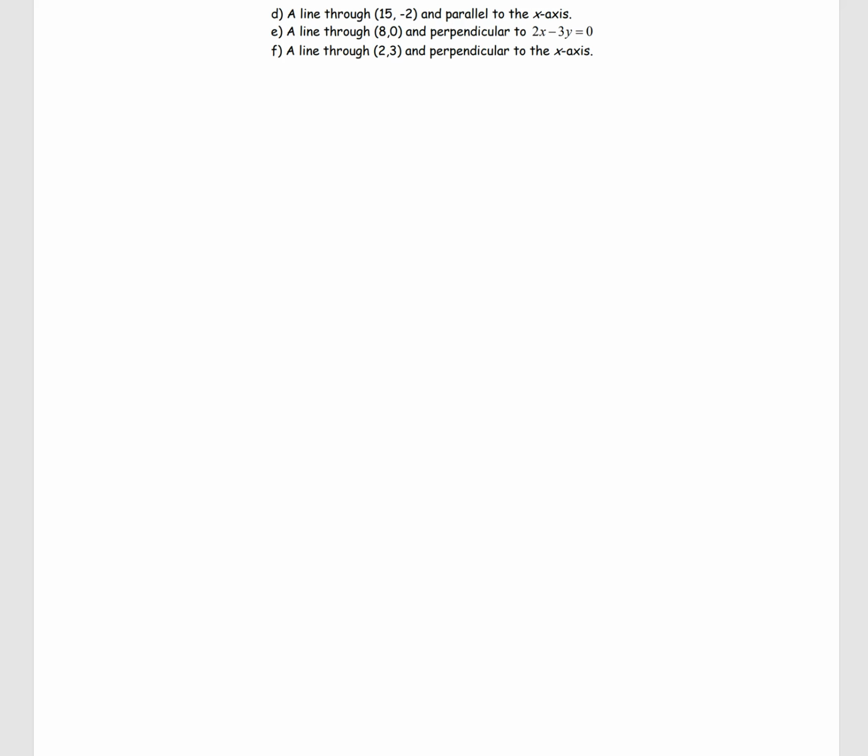So part D is telling us that the line goes through the point x equals 15, y equals -2, and is parallel to the x-axis. So if a line is parallel to the x-axis, this means that its slope, or m, is equal to 0, because it's a horizontal line.